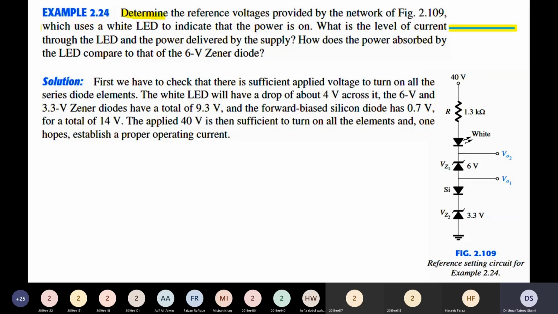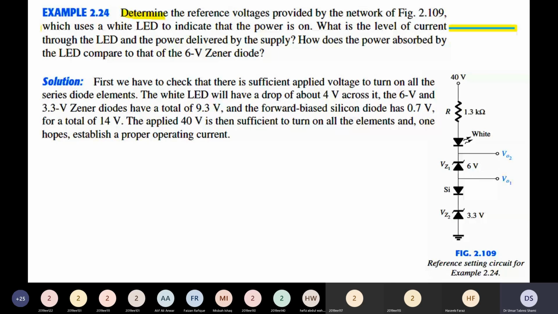Okay. So in this example we will not do any numericals right now at this stage. We will just look at the circuit and intuitively think whether the supplied voltage of 40 volt is enough to turn on the white LED or is insufficient.